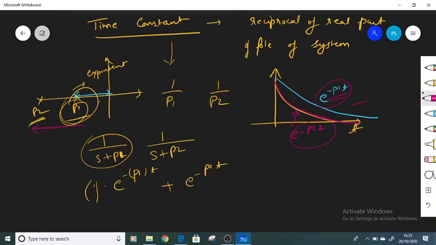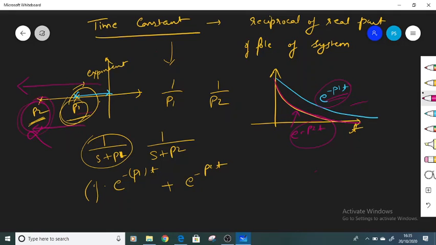The time constant due to p2, I'm saying a statement that the time constant due to any pole which is further from the origin should be neglected. Like if I am having p2 which is further from the origin, the nearer pole is at p1, the farther pole is at p2, then I should neglect this p2.